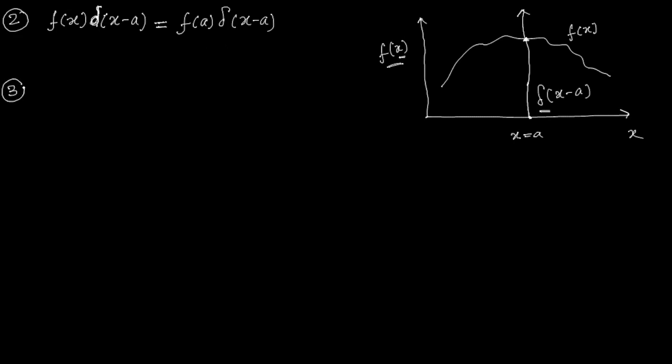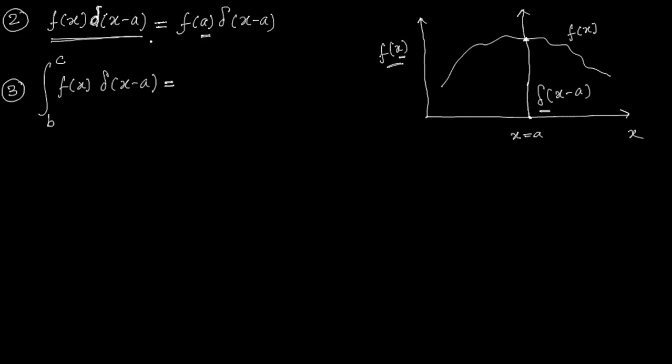And then what is the third property? The third property is, if we multiply a function with the Dirac delta function, and then integrate over a certain limit, let's say b to c, what will we get? You can use the second property here.